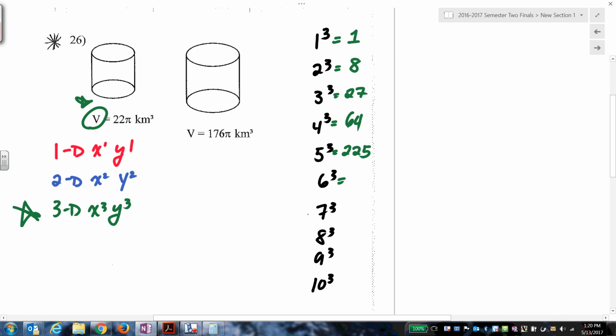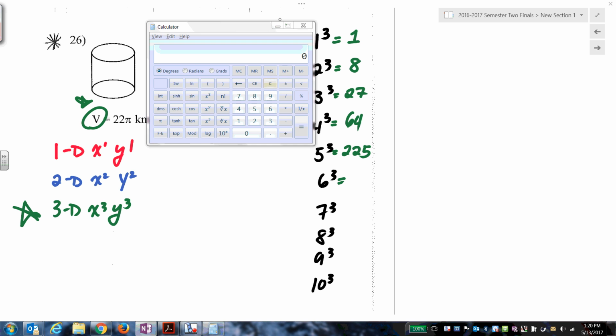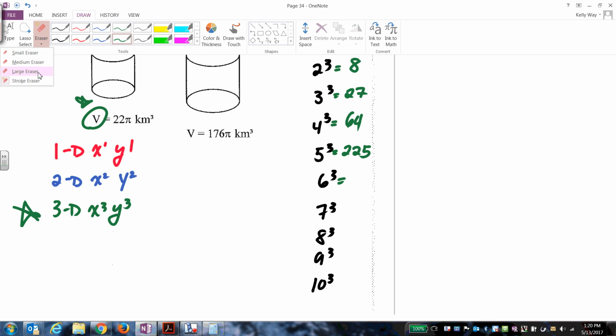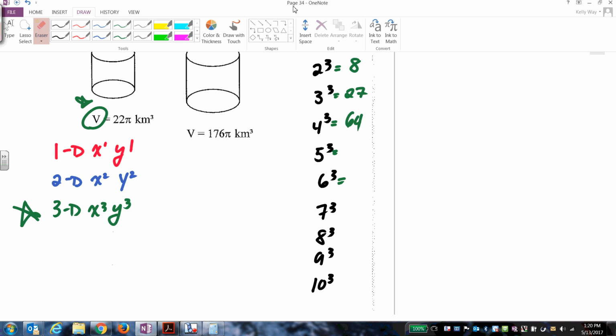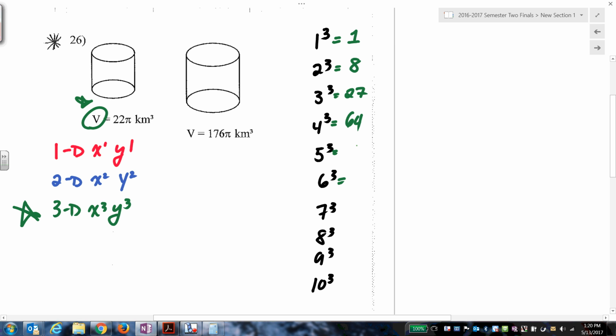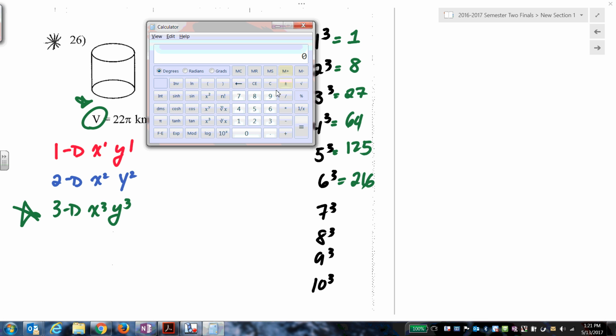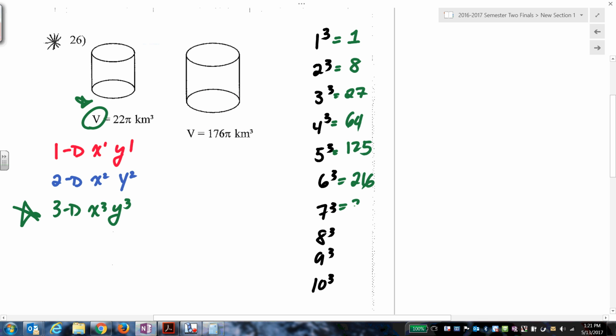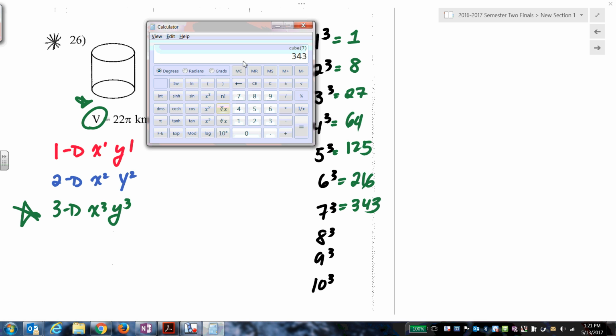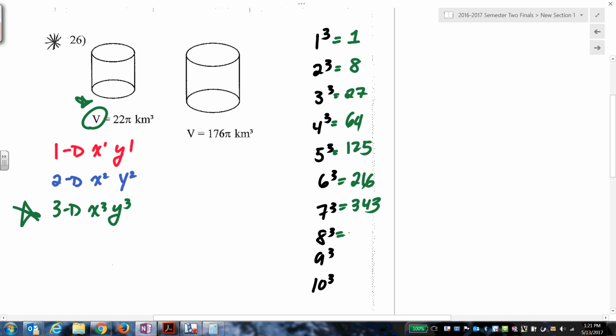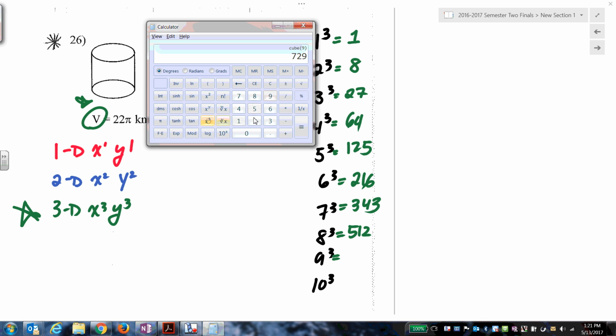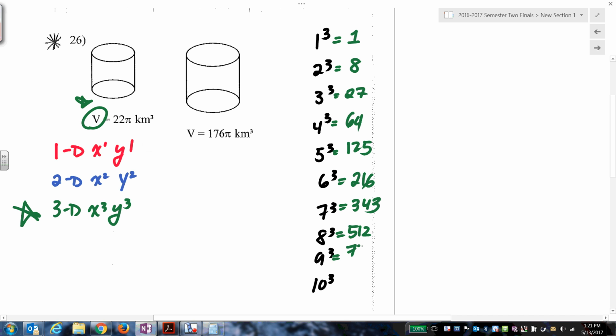That one's the 2. 5 times 5 times 5 is 125. 6 times 6 times 6 is 216. 7 times 7 times 7 is 343. 8 times 8 times 8 is 512. 9 times 9 times 9 is 729.